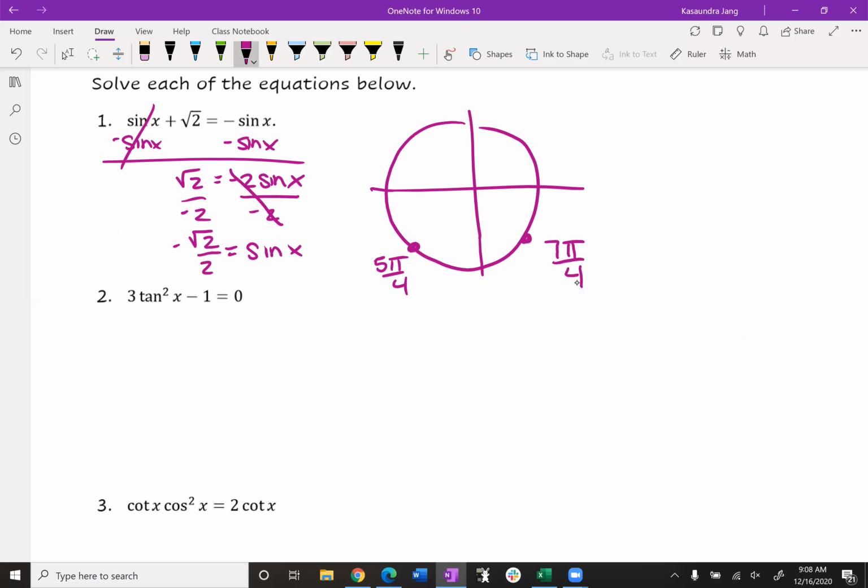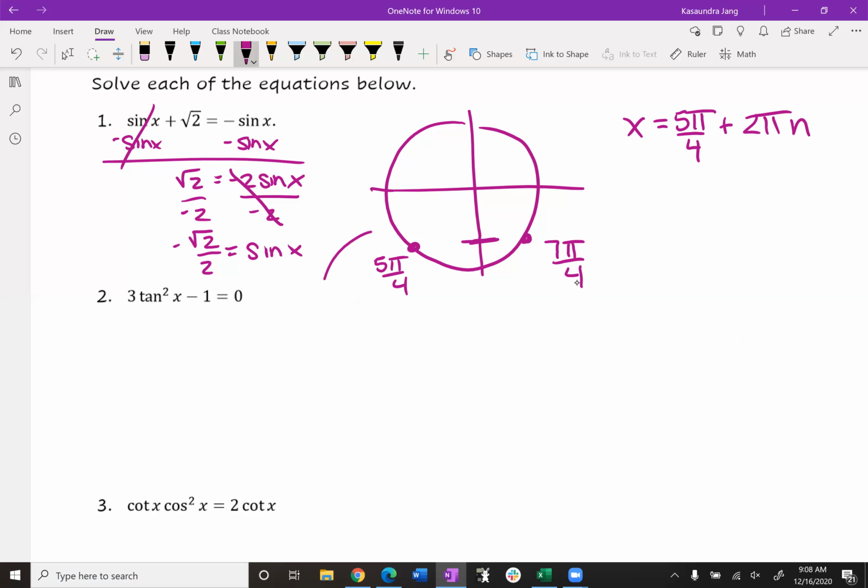All right, so both of those have the same y value, which means they have the same sine. Sine on my unit circle is a y value, which means I'm going to say that my x here, x is always an angle. I always plug an angle into my sine function. And my x has to equal 5 pi/4, and then every full circle after that, so plus 2 pi n.